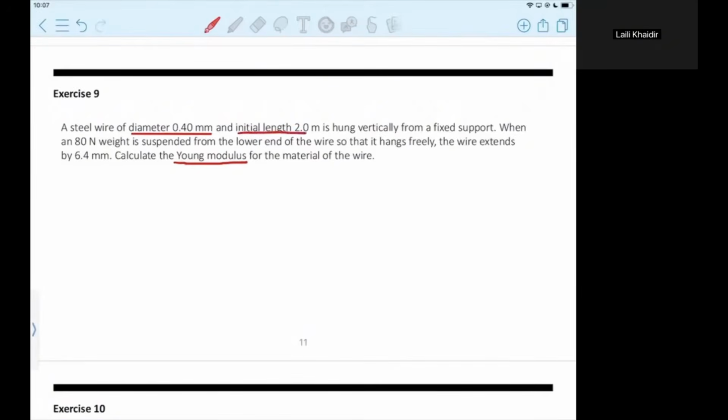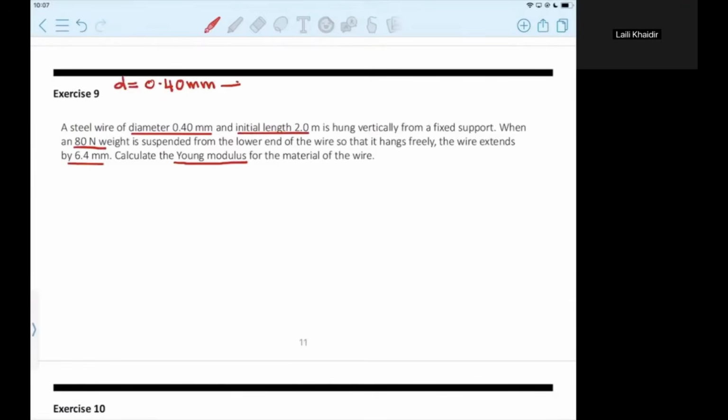Initial length of 2 meter. It is hung vertically from a fixed support when the force is 80 Newton and the wire extends by 6.4 millimeter. So what are the values given? Diameter. So let's take a look at diameter over here. It is 0.40 millimeter.